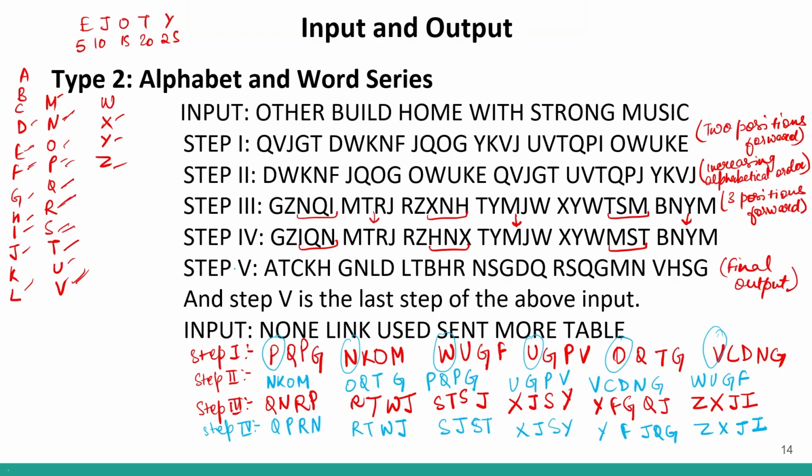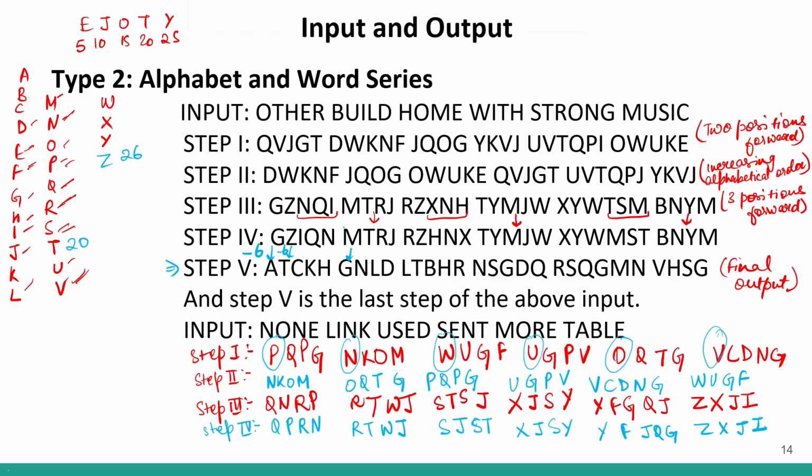Now coming to step 5. In step 5, I can take any alphabet and see what is the logic. From G to A if I go, 1, 2, 3, 4, 5, 6. This is minus 6. Correct? From Z to T. Z is 26. T is 20. These are your forward ranks. So this is also minus 6.